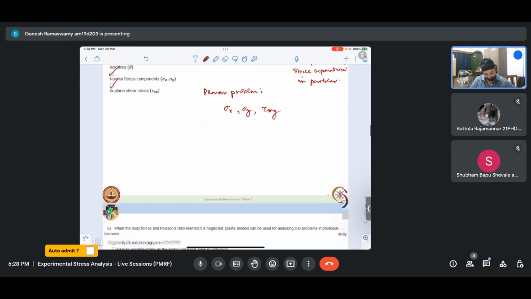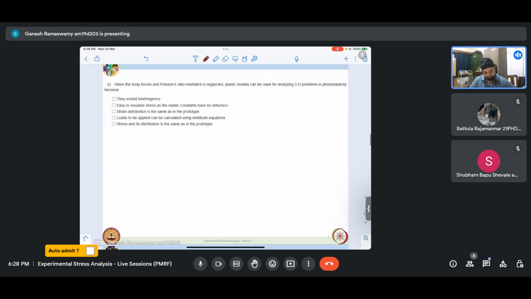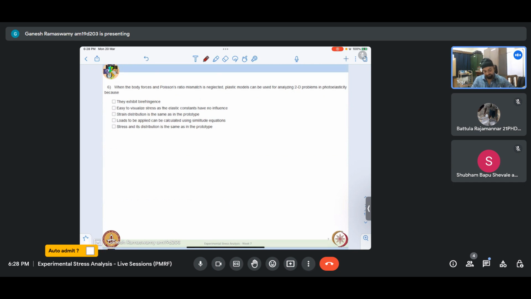Okay, so let us look at the next question. When the body forces and Poisson's ratio mismatch is neglected, plastic models can be used for analyzing 2D problems in photoelasticity. Essentially, why are we using plastics?